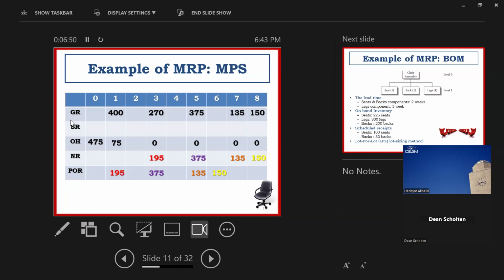How many table legs do I need for this one? 400 times 4? The gross requirement for the table leg is going to be the number of items that I need to send to my assembly line, just so they can do their job.